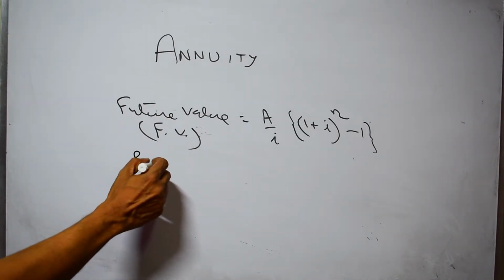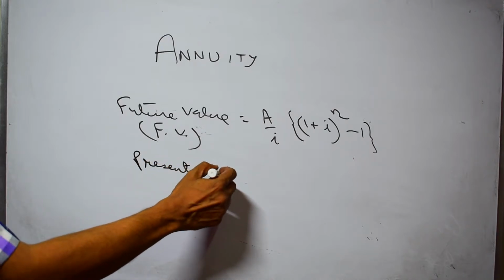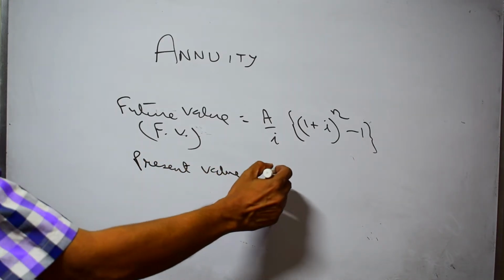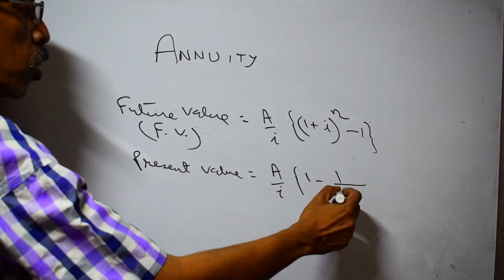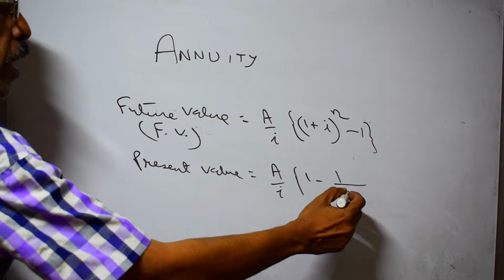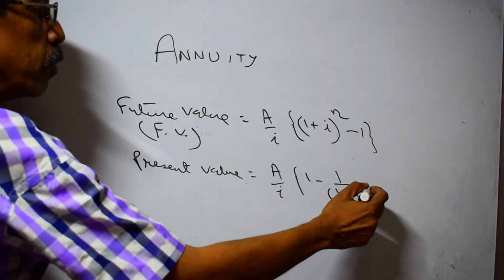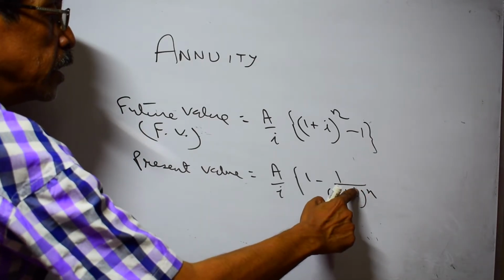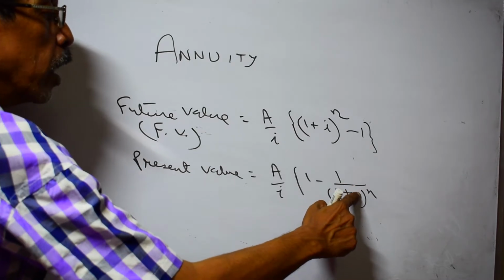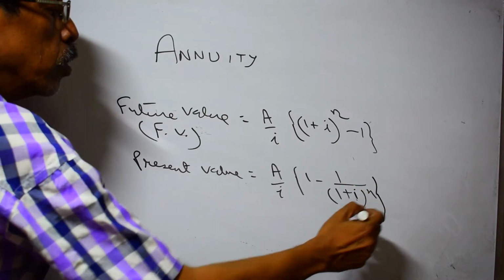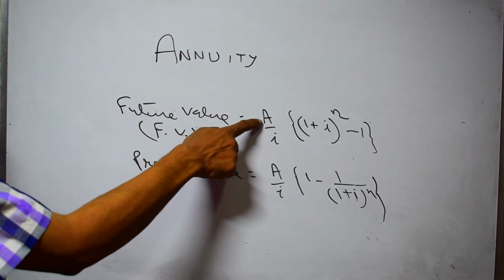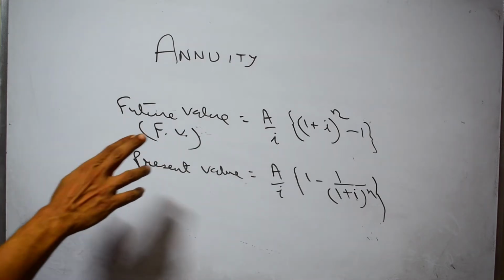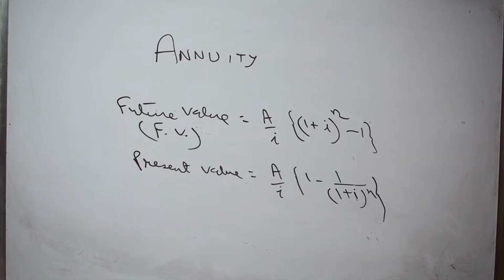And present value, when we consider the repayment concept, is A by I into (1 minus 1 by (1 plus I) whole to the power n). This formula will be applicable for calculation of total loan.